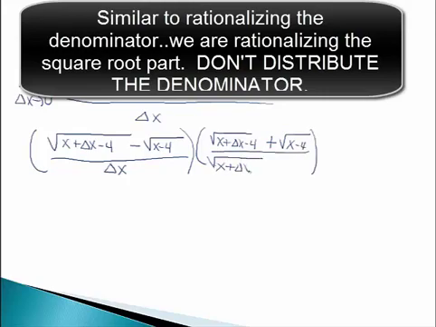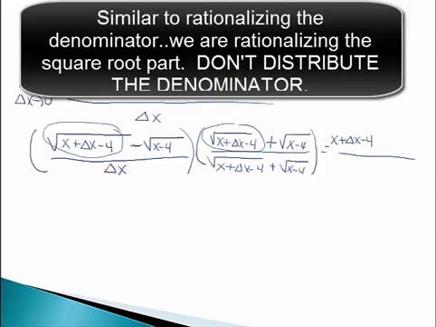I'll give you a minute to write this down in just a second. Just pause the video. So when I go to multiply, I'm going to multiply this times this, which just gets rid of the square root. And then a negative sign times a positive sign is going to give me a negative. But since there's more than just one thing after that, I need to remember to put parentheses around it. The square root of x minus 4 times the square root of x minus 4 is just x minus 4.